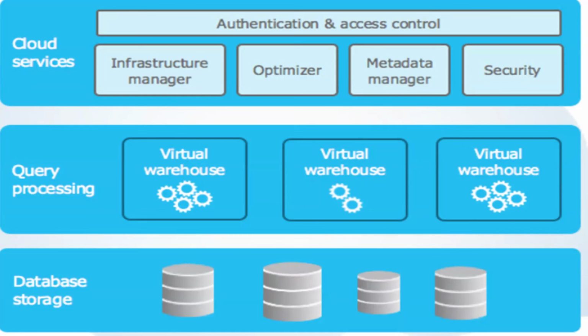So it has a 3-layer architecture. These are the unique 3 layers in Snowflake, and all these 3 unique layers work independently. The bottom layer is the database storage layer, where your data is stored in columnar, encrypted, and compressed format.